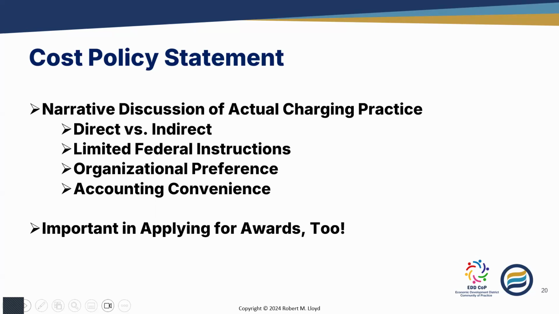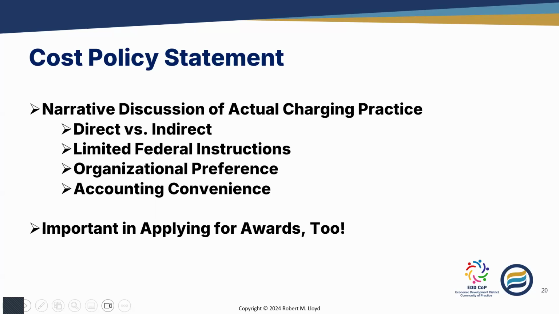So this is the kind of narrative discussion that a cost policy statement presents. And there's very limited federal instruction about how that's supposed to be done. But as I suggested earlier, ultimately, the decision is often going to be driven by accounting convenience. And this is why it's also important to let people who are involved in the programmatic activities of your organization know about that cost policy statement.